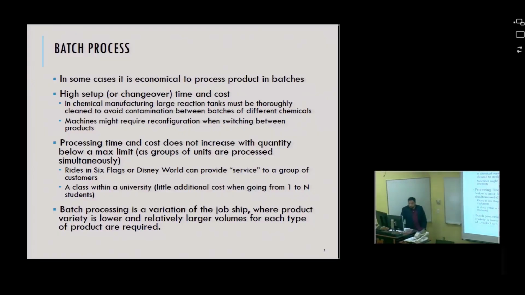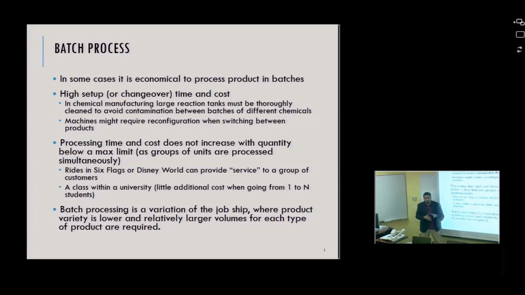Okay. So it's just a variation of a job shop, but you have lower variety and higher volumes. This is very common in the chemical industry because you have these large reaction tanks where you mix different chemicals, and then you have to clean up the tank before you can make something else. When you change from one chemical to another, there's a lot of cost and time involved to clean everything and sterilize it for the next chemical.